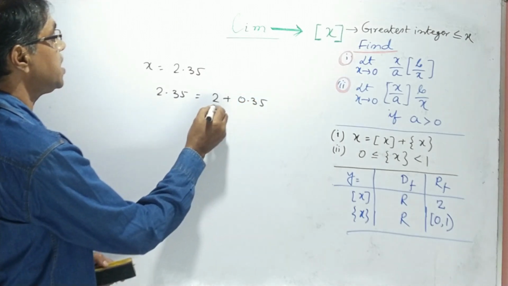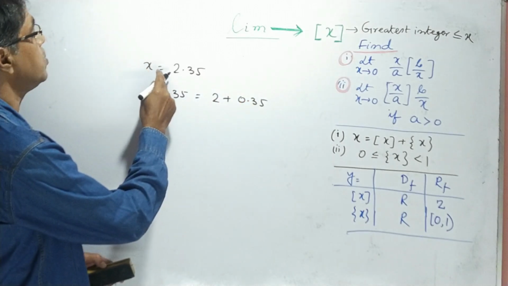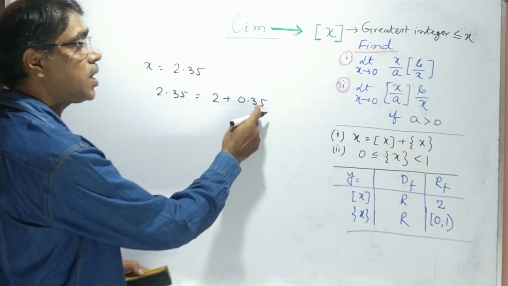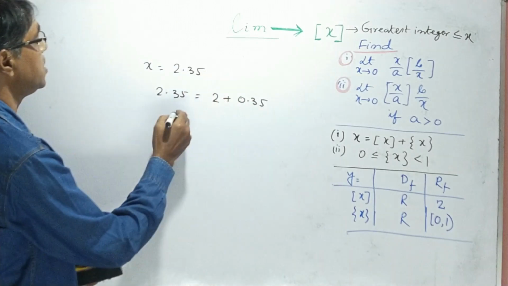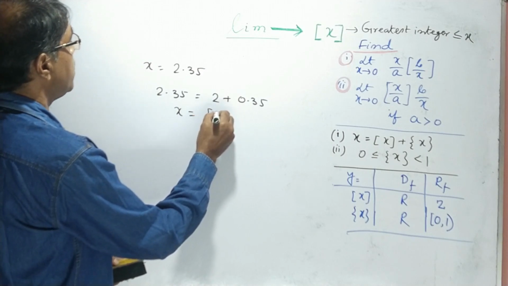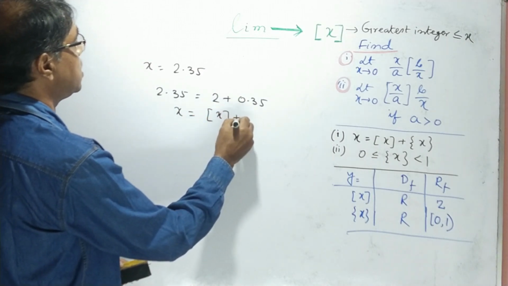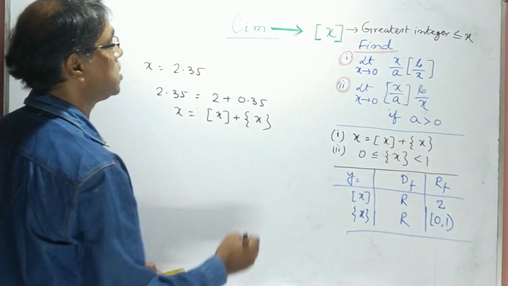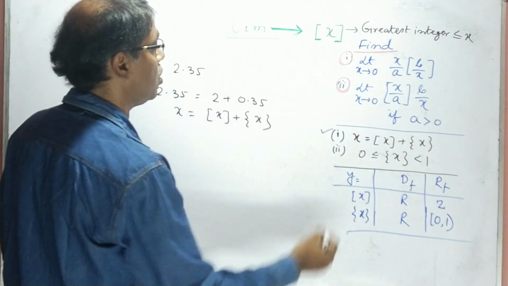This is the greatest integer part of x and this is the fractional part of x, that is, x equals greatest integer of x plus fractional part of x.